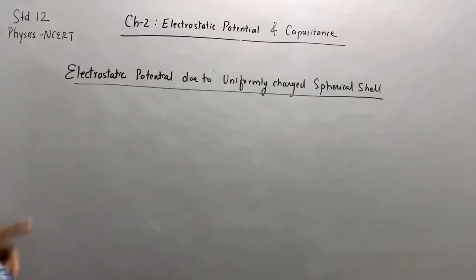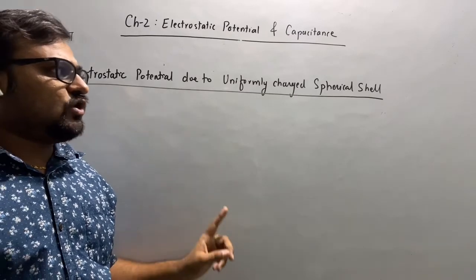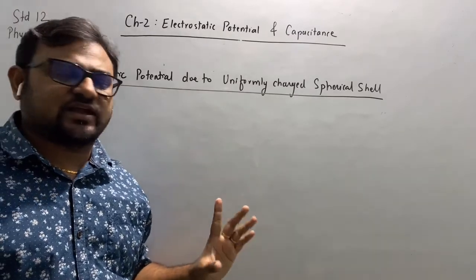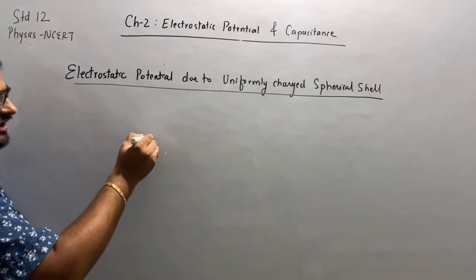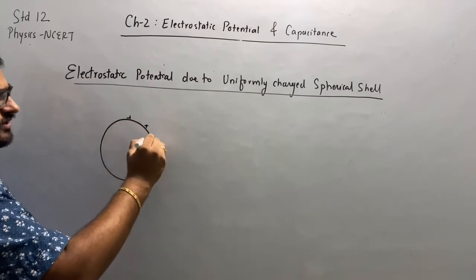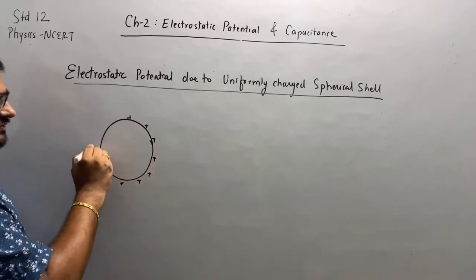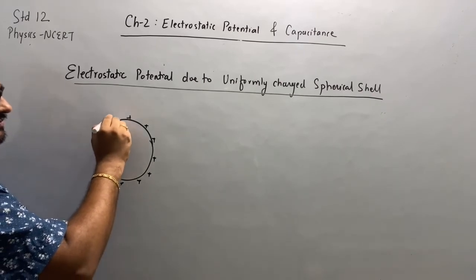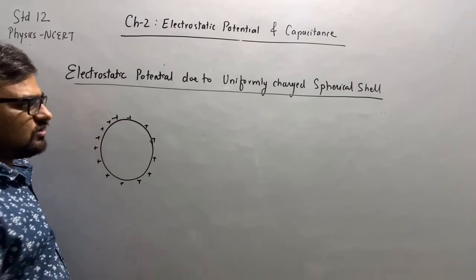Next is electrostatic potential due to uniformly charged spherical shell. Now see, if I take a spherical shell, uniformly charged spherical shell, there will be three positions.